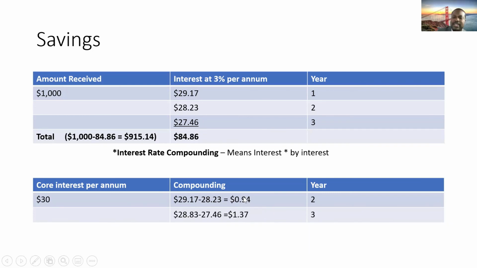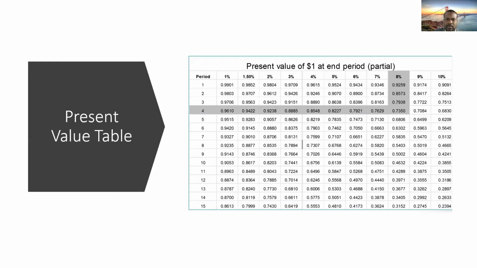So we can see here that there's a difference between that, and that is giving us the idea of the compounding element, but in inverse. So I think before we had 0.90 being the difference. Now here we have 0.94, and then there's an even greater rate of erosion for the second, finding the difference between the 28.23 and the 27.46.